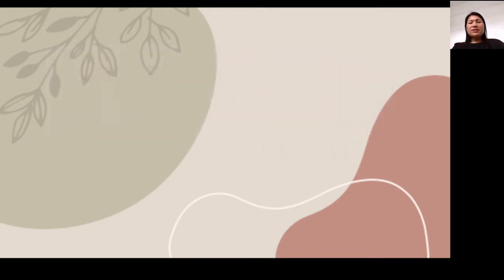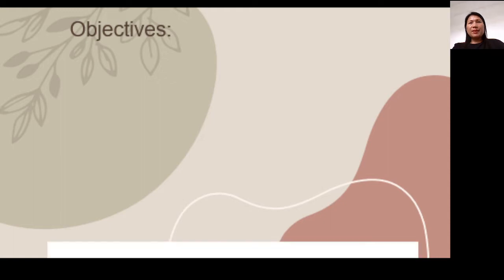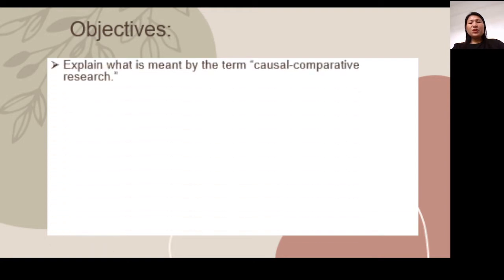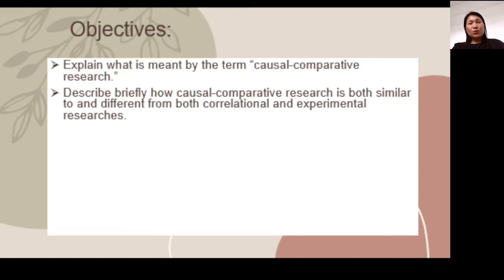I have here some of the objectives that we try to meet as we go along with this topic. We get to familiarize and at least explain what is meant by the term causal comparative research and how this research is similar to and different from correlational and experimental researches.